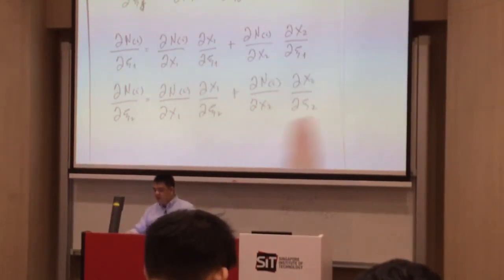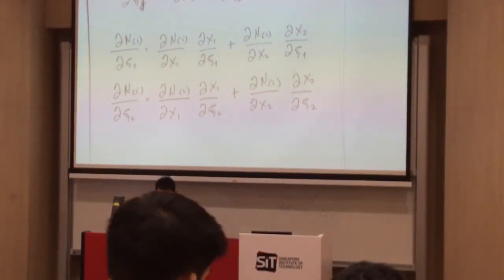So we can write this one now in a matrix form, and we will be able to derive from this your Jacobian matrix.